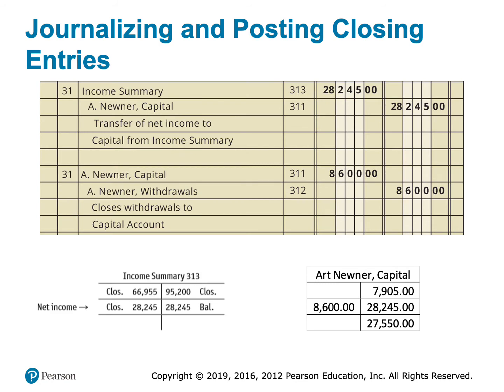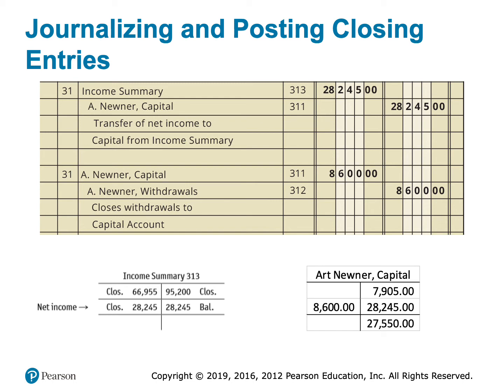Now I want to zero in on this closing of the capital account, closing of income summary to capital. So if we look at income summary, we originally credited it for 95.2, that was for the revenues. We debited it for 66,955, that was for the expenses and the contra revenues. So that left us a credit balance of 28,245. Remember that was the amount of our net income from the previous video.